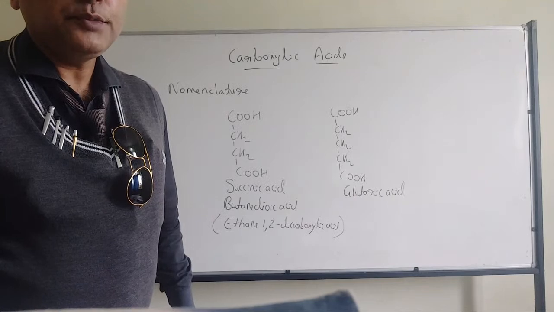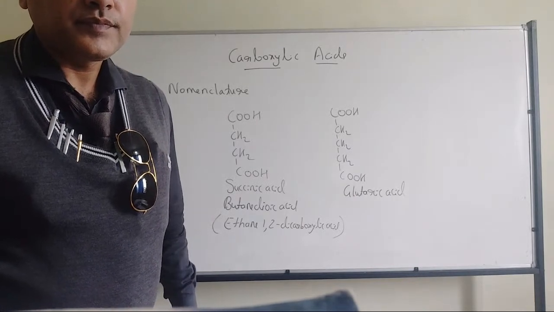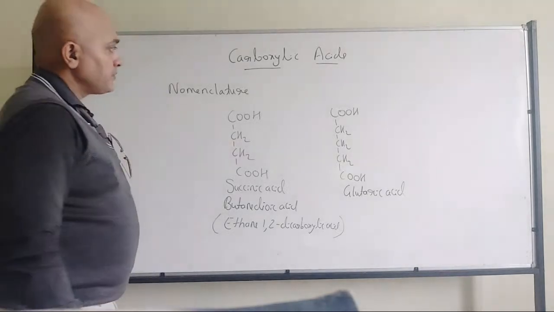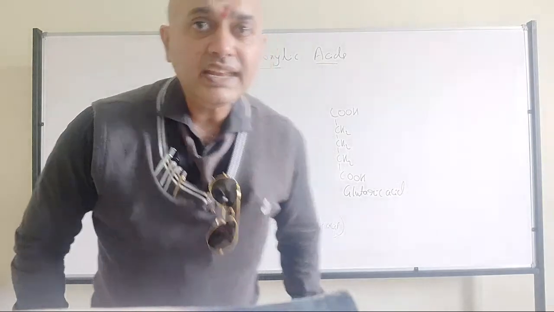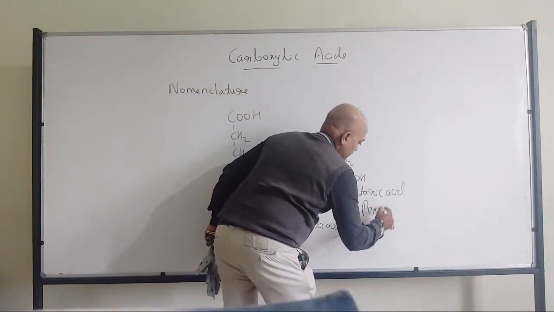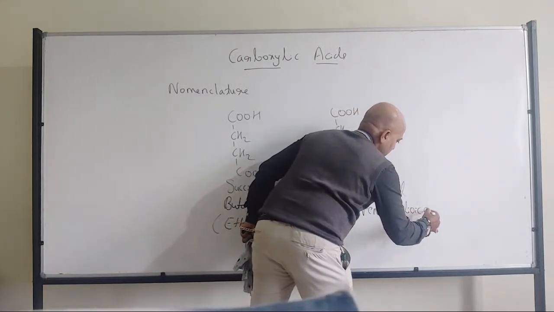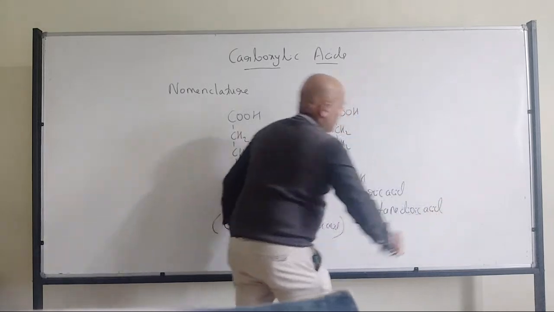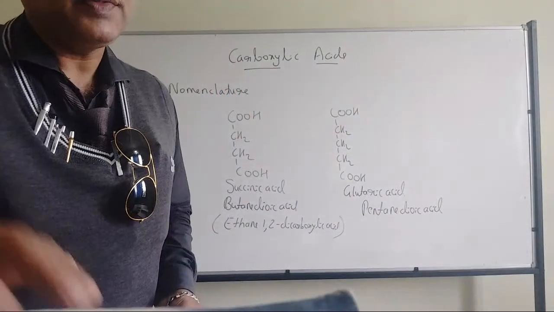What can be the IUPAC name? Pentane dioic acid. Yes, no doubt. Pentane dioic acid, which will be the proper IUPAC name.